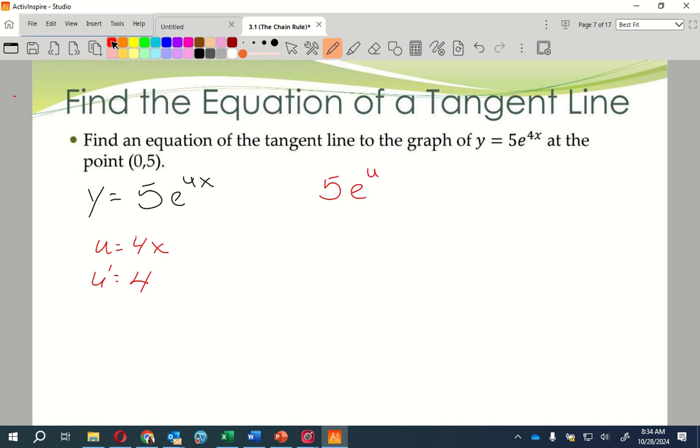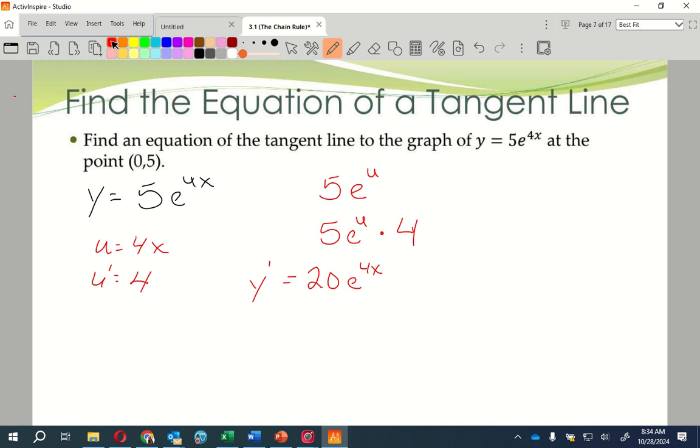My derivative is going to give me 5 e to the u times 4. So together I get 20 e to the 4x. And this is my y prime. So there's my derivative.